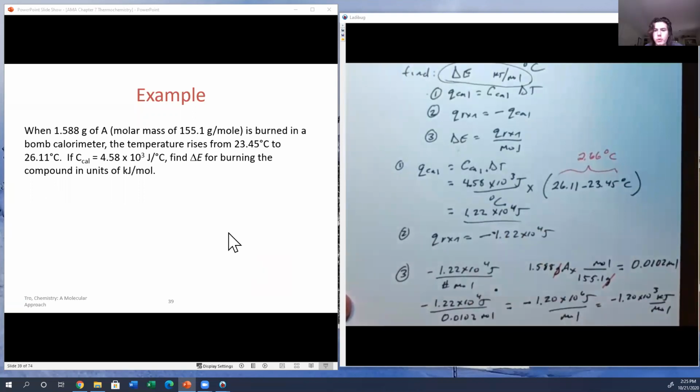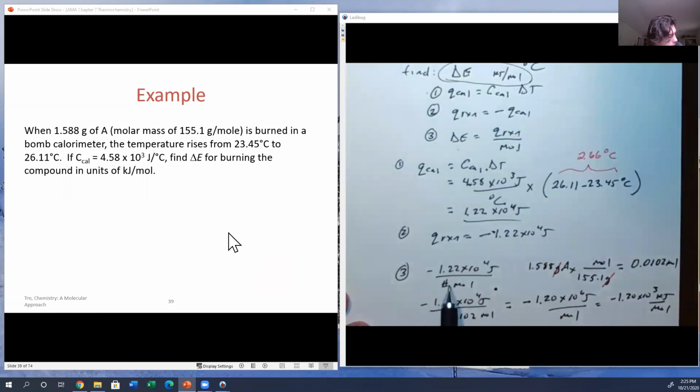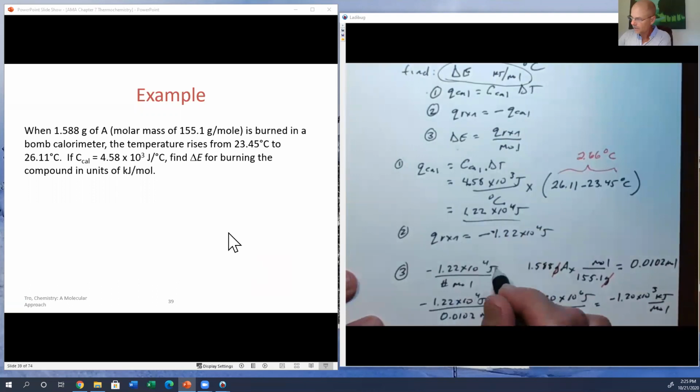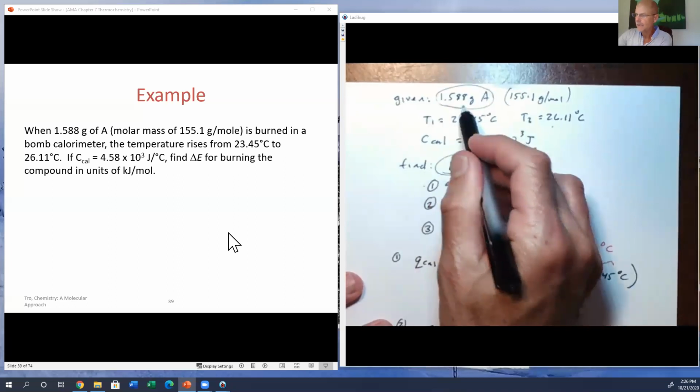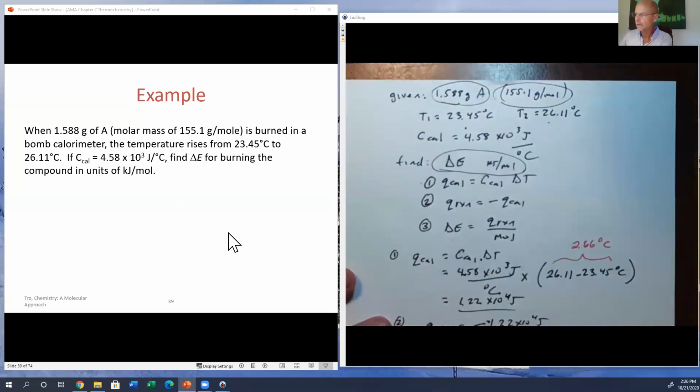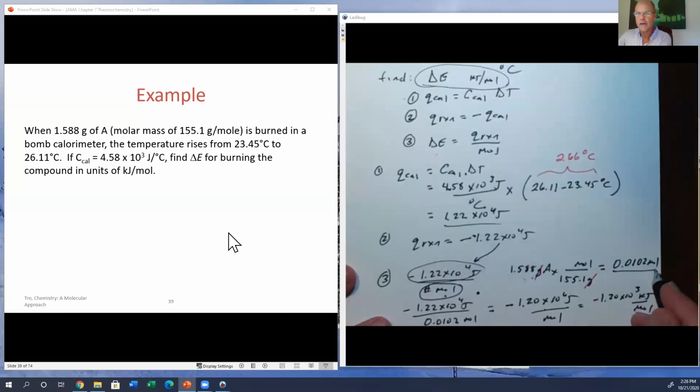Wait, I have one quick question. For step 3, how do you get from the minus 1.22 times 10 to the 4 joules to 0.0102 moles? Okay, so this is the number of joules I figured out from here, and I want to divide by the number of moles. So I got to figure out how many moles I had. I went over here and said, I had this many grams and I know the molar mass, so I figured out how many moles I had.